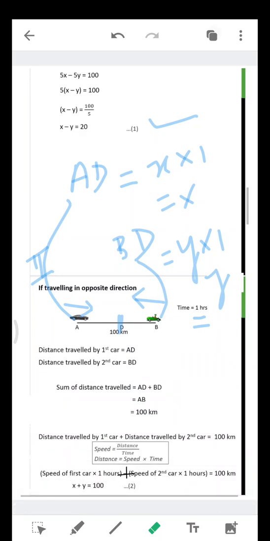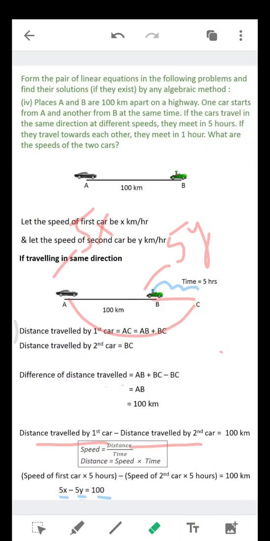In the first case, this is the most important point here. We do AC minus BC, the distance traveled by the first car, AC, minus BC is 100.